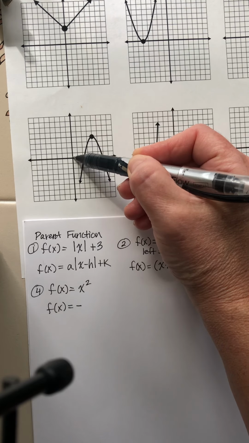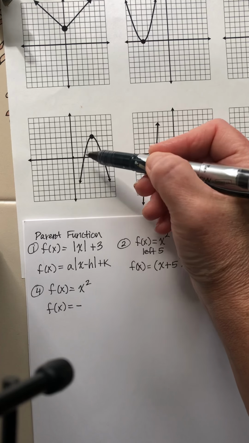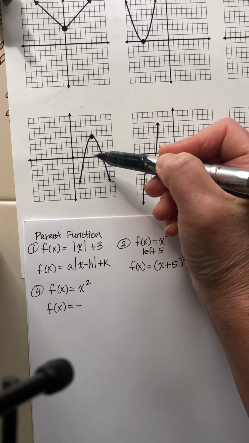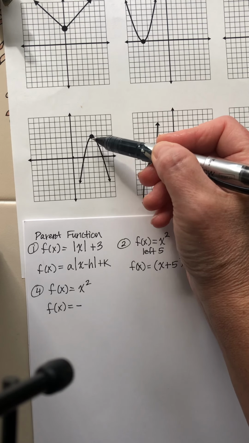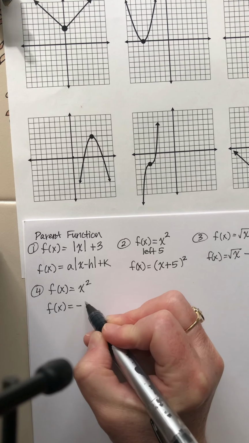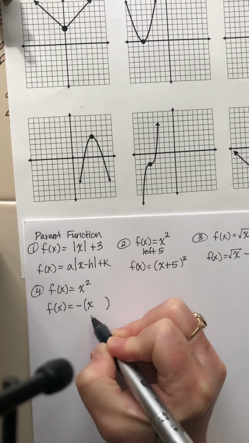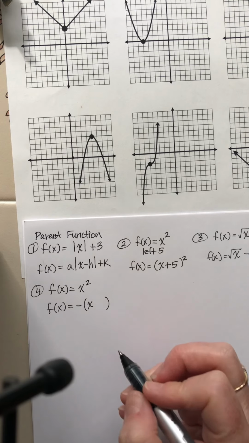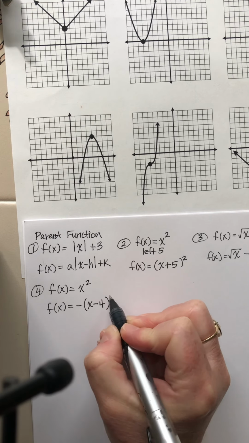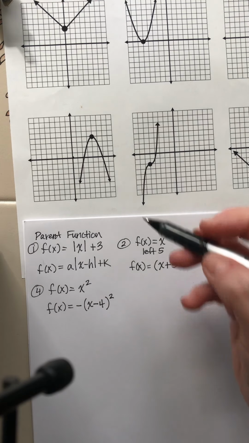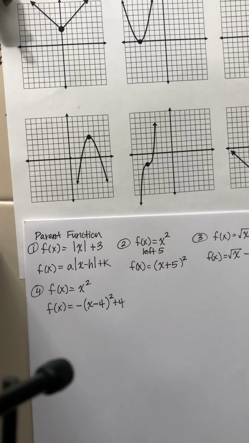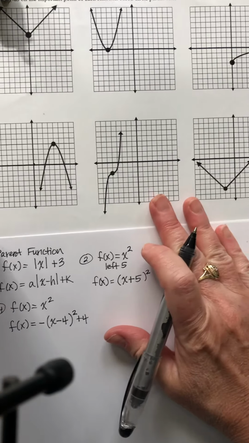It normally goes from 0, 0 and then up, but it has been moved 1, 2, 3, 4 places to the right, and then 1, 2, 3, 4 places up. So because it's been moved to the right, I know there's going to be a number with x inside the parentheses. And remember, left and right, you put the opposite sign. So instead of plus 4, I'm going to put minus 4 and then square it. And then it moved up 4, so I'm going to put plus 4 right there. And there's your answer for number 4.